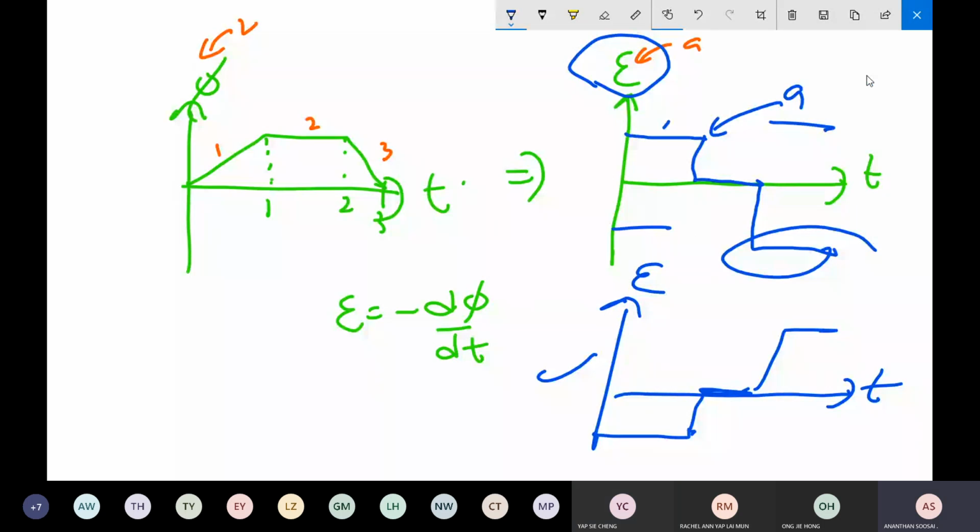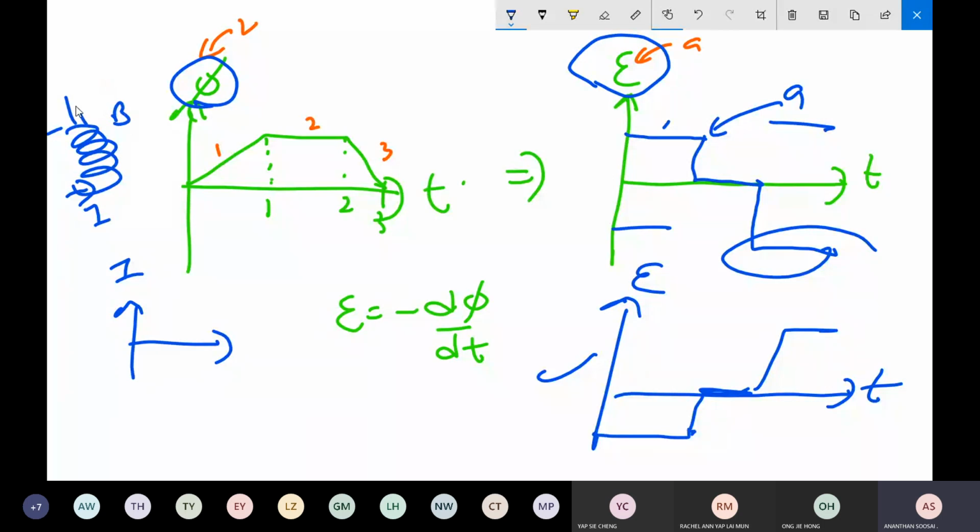Okay, now the question is, sometimes instead of flux, they give a current graph. A current graph means maybe you have a solenoid, which has a current flowing, which produces a magnetic field. And the current here is changing, so the magnetic field here is changing. Maybe you have a coil here, and the coil generates EMF. So they give the current graph of this coil.